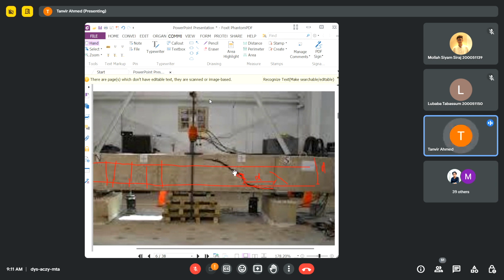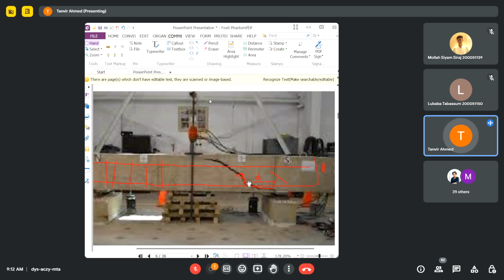When the crack is initiated, the web shear crack will be initiated near the neutral axis, as I said, and the point at which this crack intersects the neutral axis is roughly at a distance of d from the support.